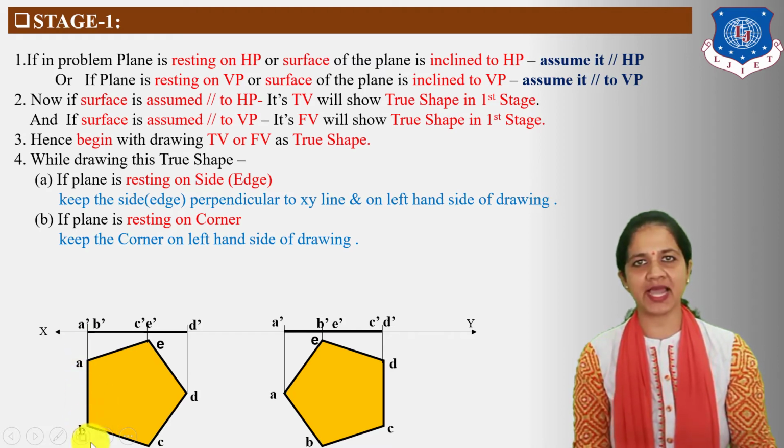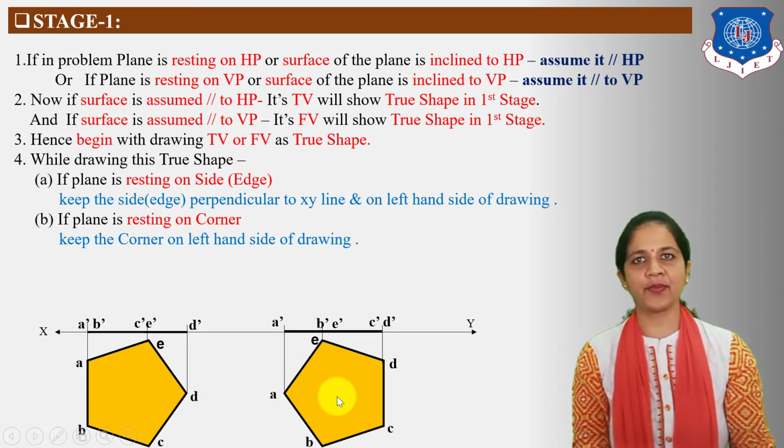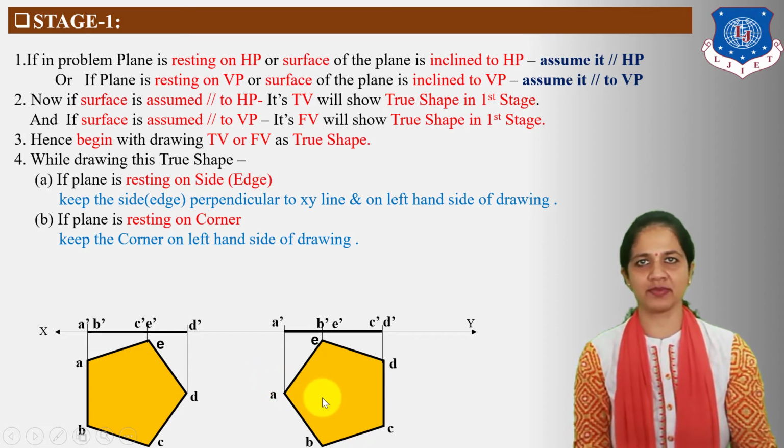So keep the side or edge perpendicular to XY and on the left hand side of the drawing in the true shape. In the second case, the plane rests on HP on its corner. So keep the corner on the left hand side of the drawing in the true shape.